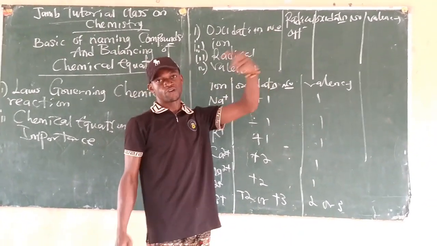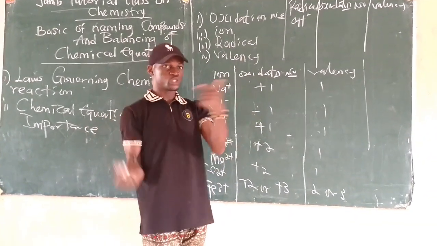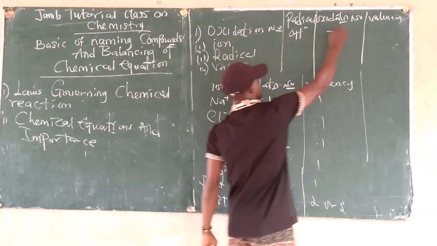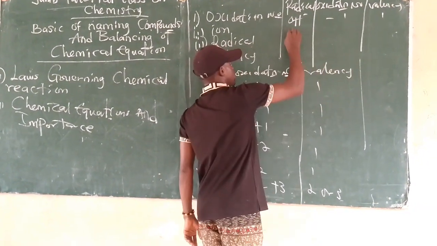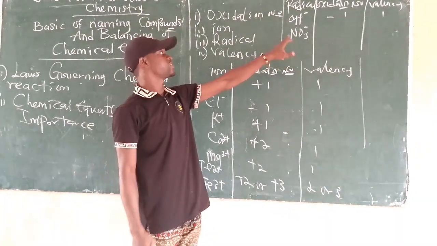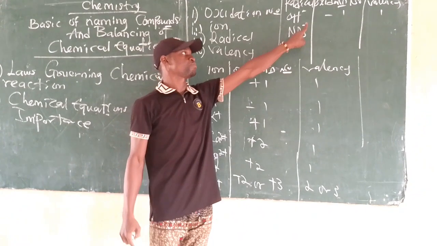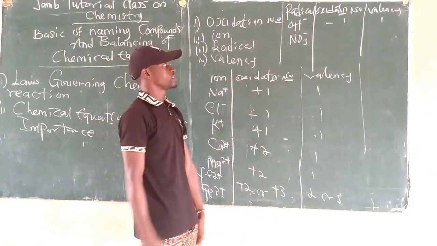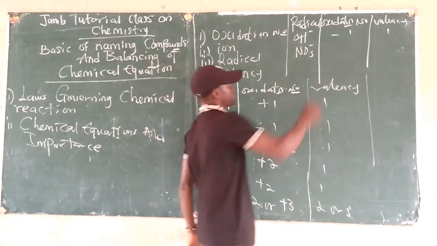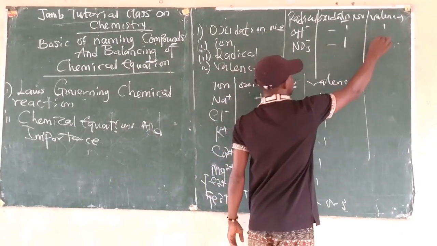That is a combination of oxygen and hydrogen. See, 2 elements that possess a negative charge. So here we have -1 and 1. We also have NO3-. This is a combination of nitrogen and oxygen, which also possesses a single charge, and this is called nitrate. So you also have -1 and 1.